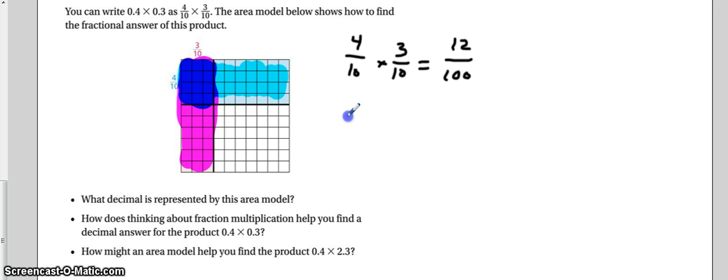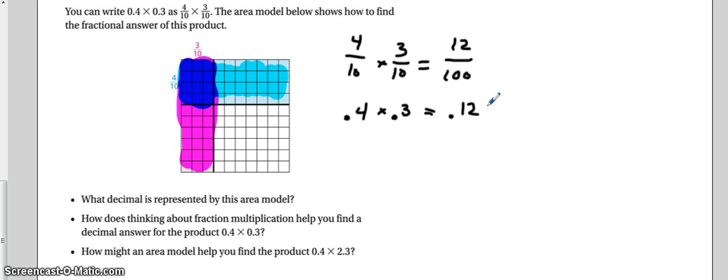So therefore, 4/10 as a decimal times 3/10 as a decimal is going to equal 12/100ths as a decimal as well. Okay, so it transfers really easily.